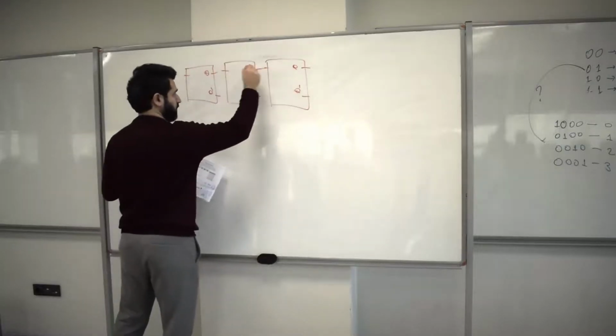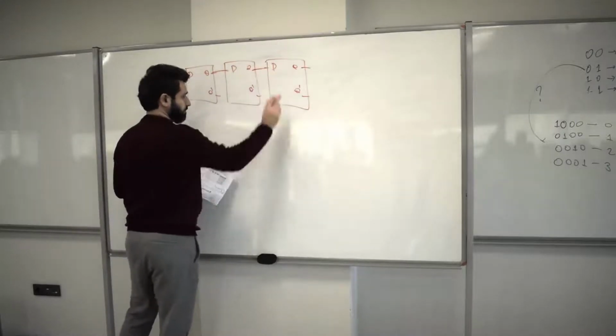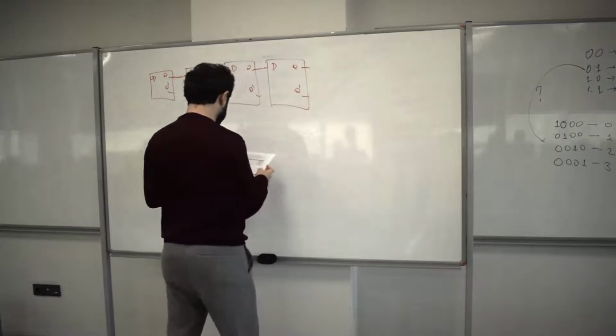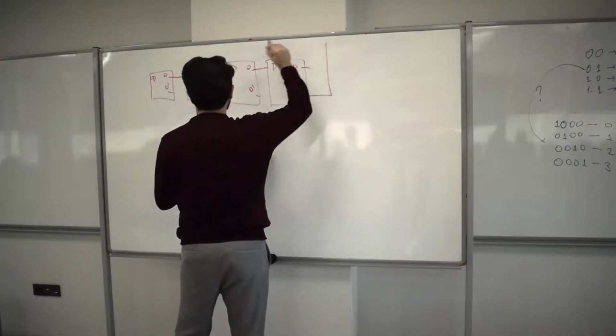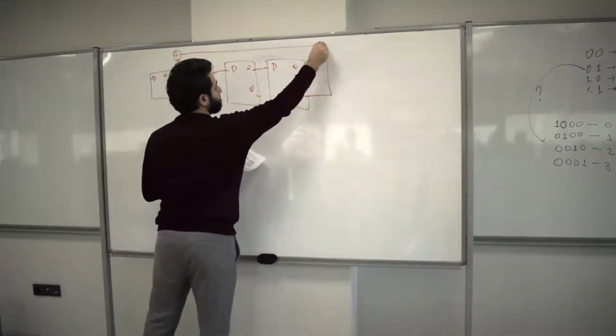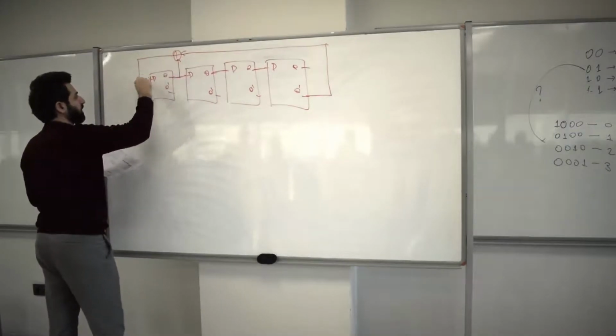These are D inputs, and these are connected: D, D, D, D. Now the next thing I'm going to do is take this Q prime, take this one as well, XOR them, and then push that back into the D.